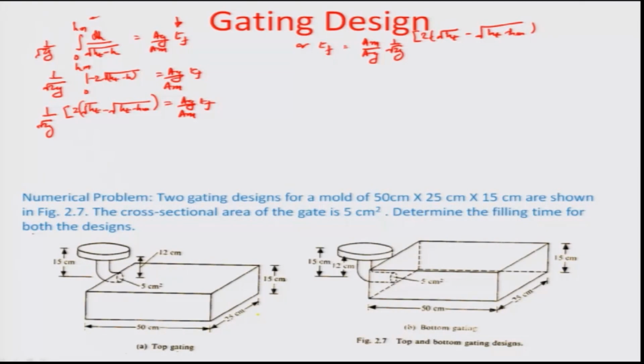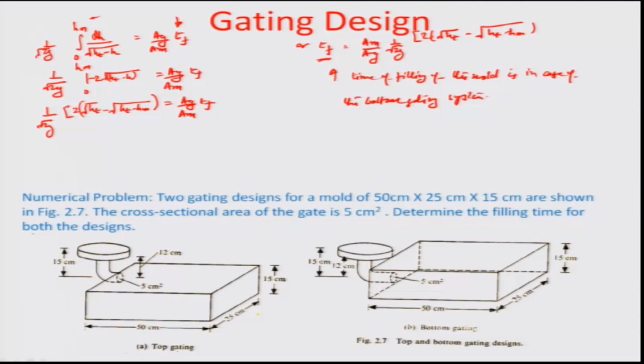If the riser is used, then Tf should include the filling time of the riser. So, basically this is the time of filling of the mold in the case of the bottom gating system.